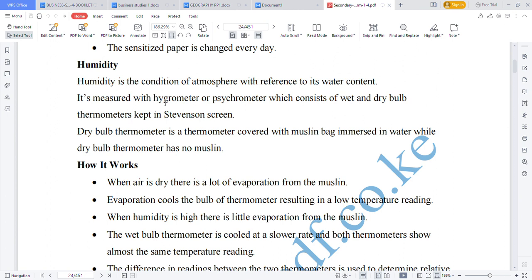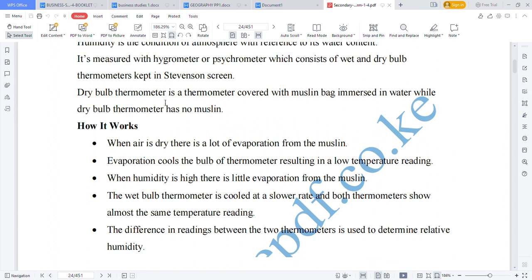It is measured with a hygrometer or psychrometer, which consists of wet and dry bulb thermometers kept in the station screen. The wet bulb thermometer is a thermometer covered with a muslin bag immersed in water, while the dry bulb thermometer has no muslin bag.